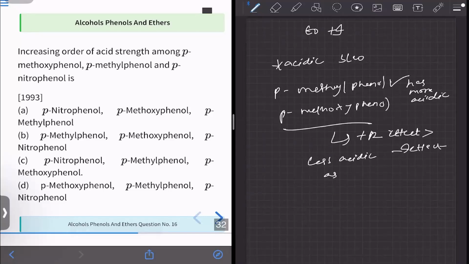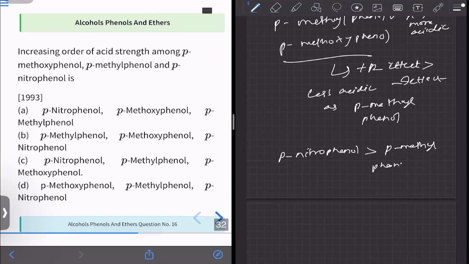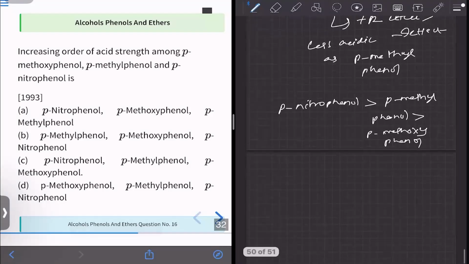So the order will be: paranitrophenol is more acidic than paramethylphenol, which is more acidic than paramethoxyphenol.